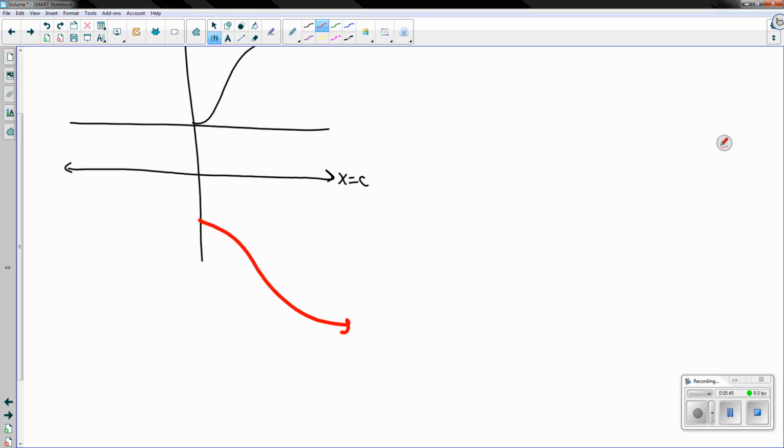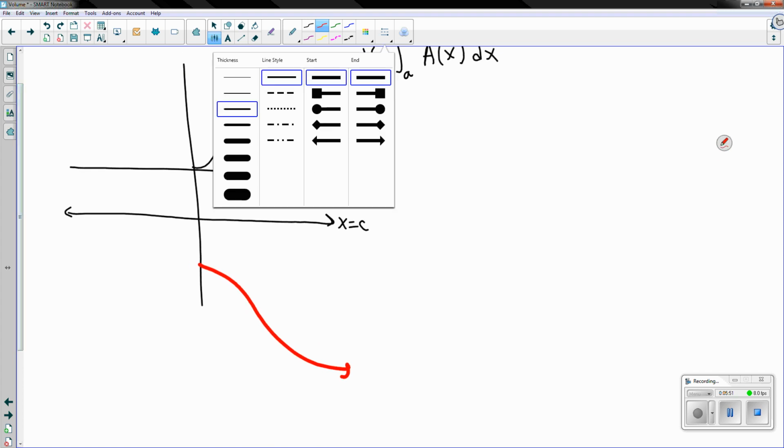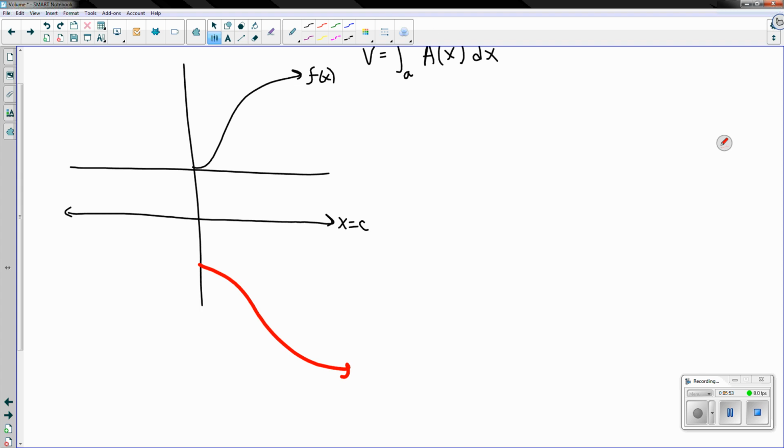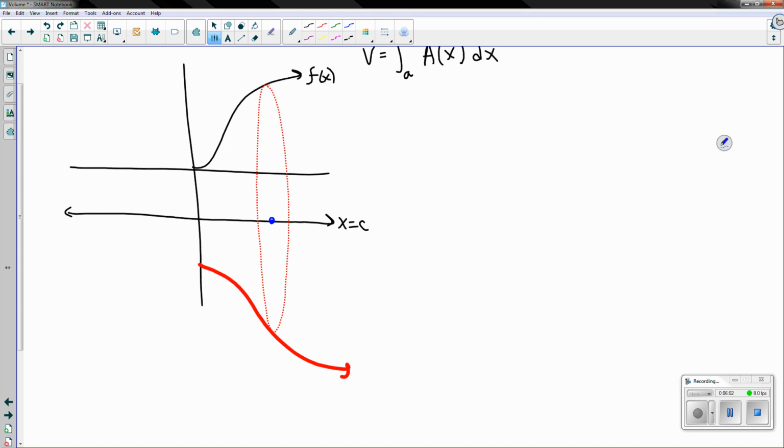So down here, the cross-sectional slice is still going to be a circle. Remember, the center of our circle is the axis of rotation. So calculating the radius is the distance from the function curve to that axis of rotation.